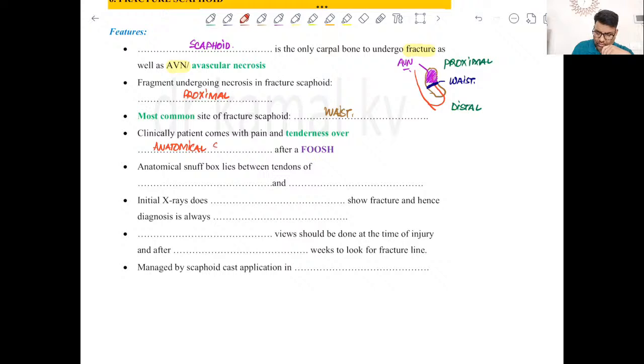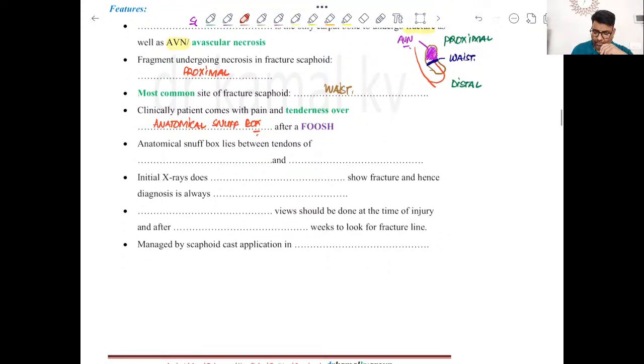So this is the area in which the patient comes with tenderness. So after a fall on outstretched hand injury, if a patient presents with tenderness in the anatomical snuff box, and even if the fracture is not visualized on the x-ray, straight away you can take it as a fracture of scaphoid, and you have to manage it on the guidelines of fracture scaphoid, right?